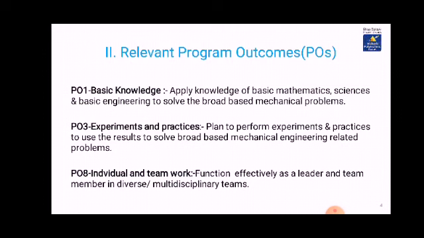Second, PO3, experiments and practices: plan to perform experiments and practices and use the results to solve broad based mechanical engineering related problems. Third, PO8, individual and teamwork: function effectively as a leader and team member in diverse or multidisciplinary teams.